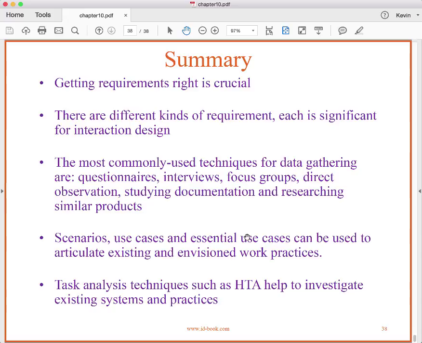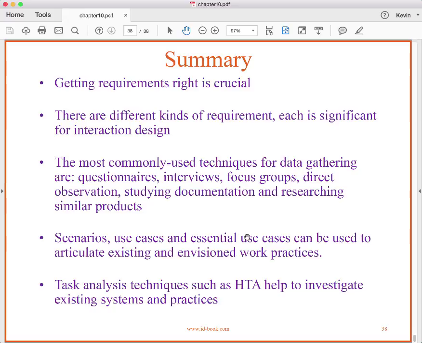And there are non-functional requirements. How does it have to perform? Included in the non-functional requirements are what sort of usability characteristics it has to exhibit. The most commonly used techniques for data gathering for systems analysis are questionnaires, interviews, focus groups, direct observation, studying documentation, and researching similar products.